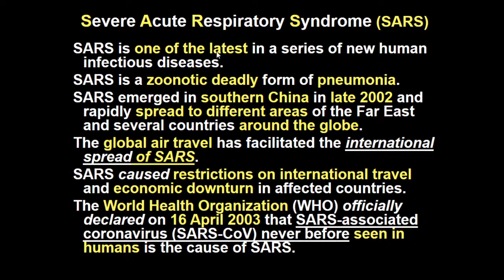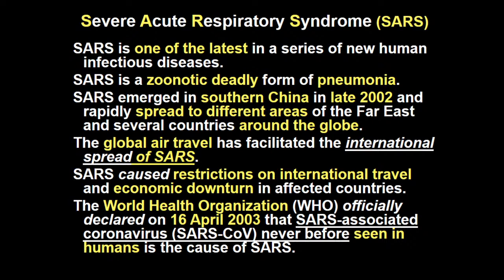It was recognized as a zoonotic, transmitted from animals to humans, deadly form of atypical, unusual pneumonia. It emerged in southern China in late 2002, but then rapidly spread to different areas of the Far East and several other countries around the globe.